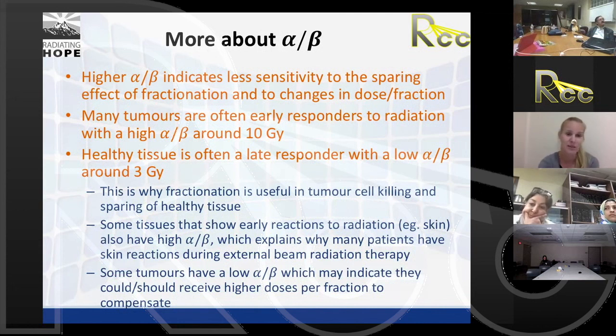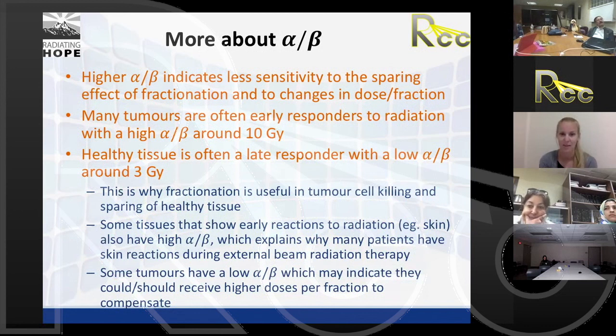And this is a big reason why fractionation is so useful in killing tumour cells. Our tumour cells are responding really quickly to all this radiation. The healthy tissue is responding less quickly. It's repairing more quickly. So this is why we use fractionation. It helps kill the cancer cells, but it also helps spare the healthy tissue.